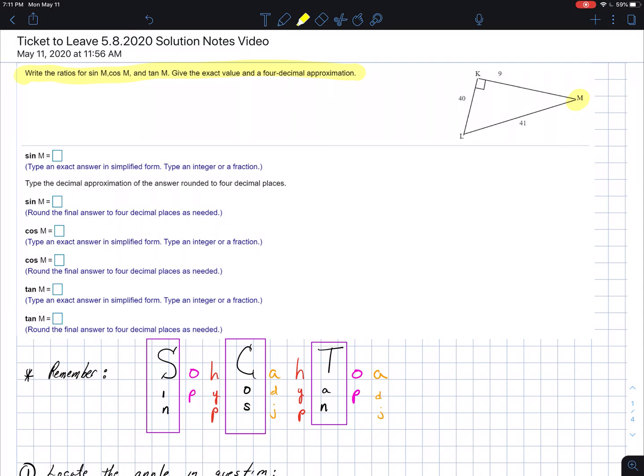We have to give two answers. We have to give an exact value and an approximate value out to 4 decimal places, right? So that's not the tenths, that's not the hundredths, that's not the thousandths, that's the what? The 10,000ths. Good. Okay, so here we go.